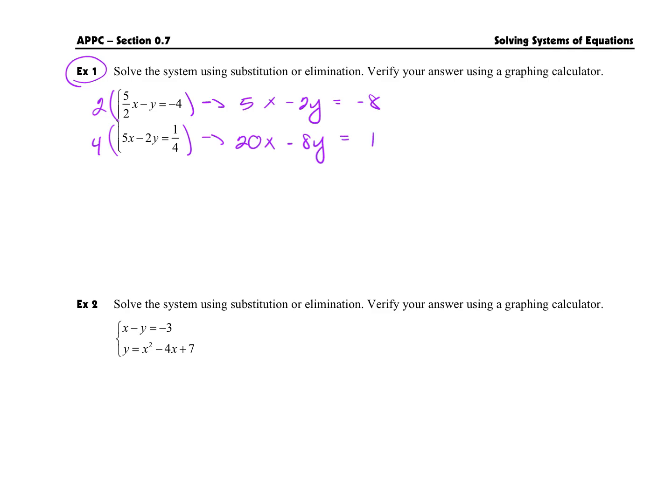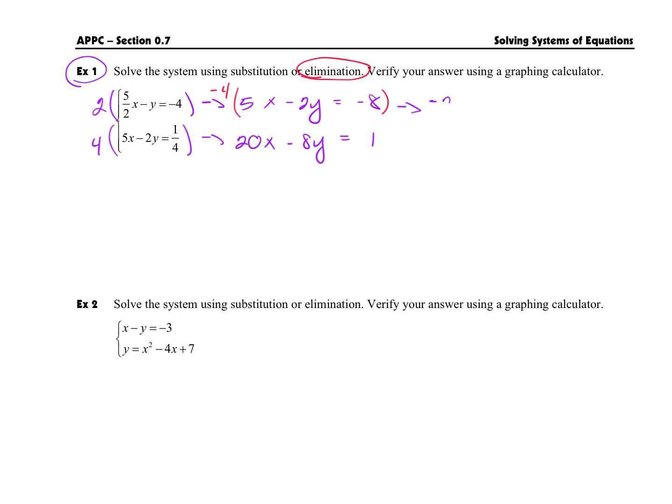Now from here, to solve this system of linear equations, I want you to get in the habit on these of working with elimination. So that means we need to eliminate either the x variable or the y variable. I'm going to choose to eliminate the x's, and I'm going to take the first equation and multiply everything through by a negative 4.